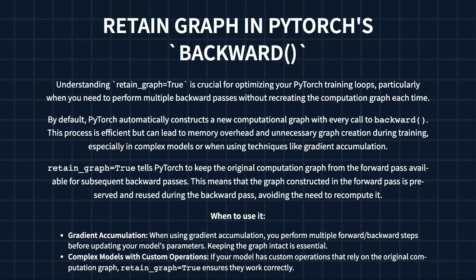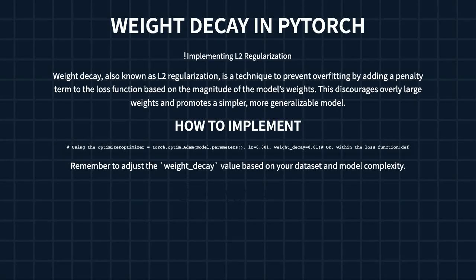Retain graph equals true tells Pytorch to say, hey, let's keep the original graph from the forward pass so I don't have to rebuild it every single time. It's like reusing a stencil, much more efficient. Just remember that retaining the graph does use a little extra memory, so only use it when you really need to.